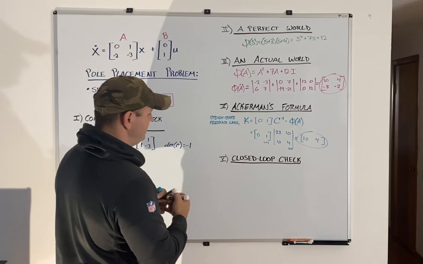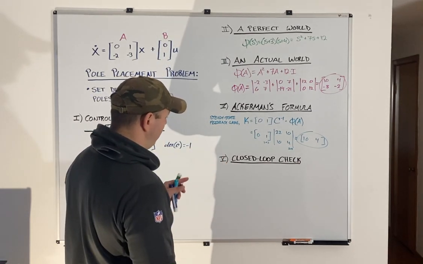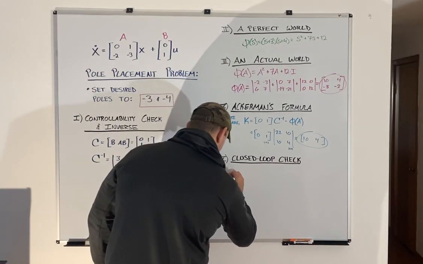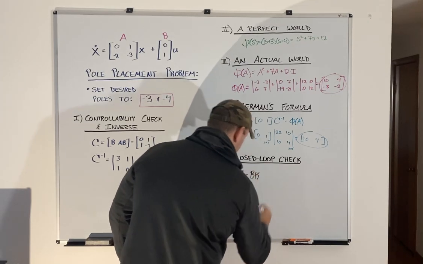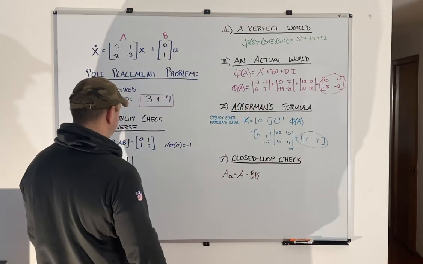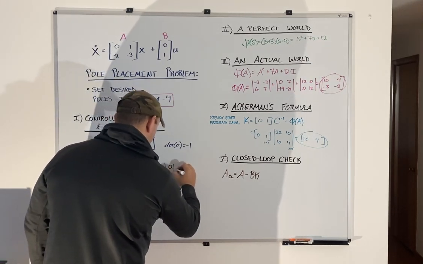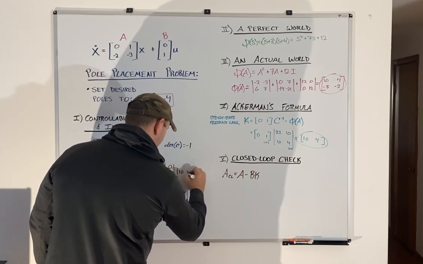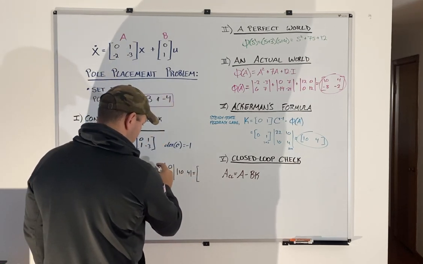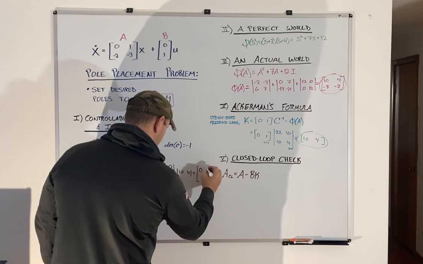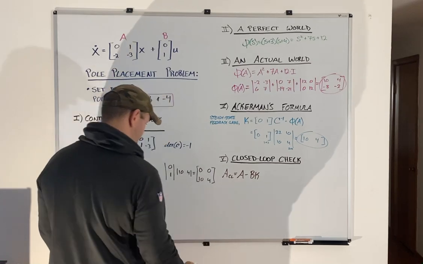Okay, last thing we do is check that what we obtained from Ackermann's formula is accurate for the closed loop system. A closed loop equals original A minus BK. For BK, B is [0, 1] and K is [10, 4], which gives [0, 0; 10, 4].